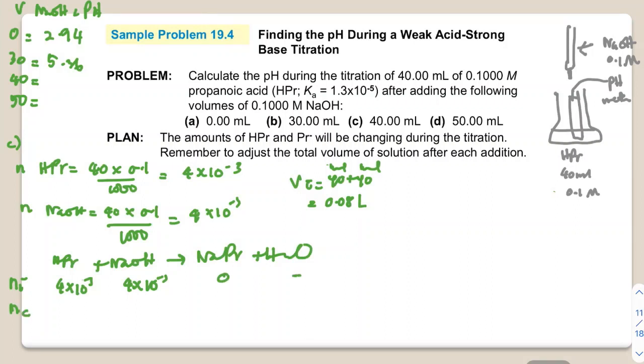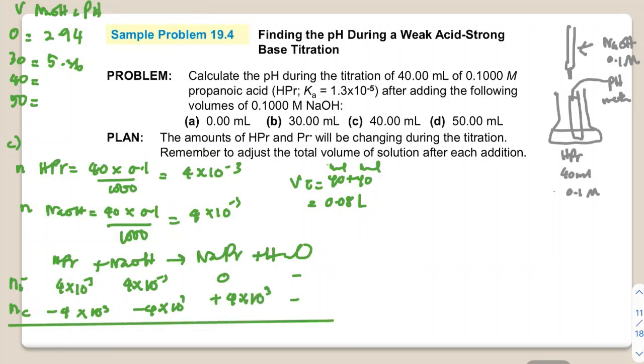So n change both negative 4 times 10 negative 3, negative 4 times 10 negative 3, and NaPr formed positive 4 times 10 negative 3, dash for H2O. So final will be 0 for HPr, 0 for sodium hydroxide, and we only have NaPr left, 4 times 10 power of negative 3.